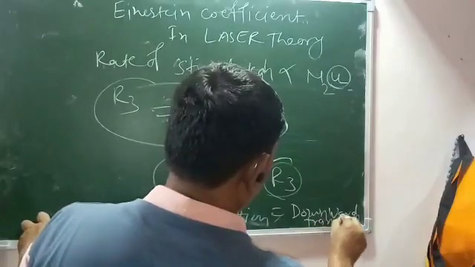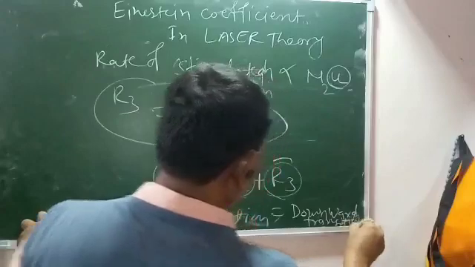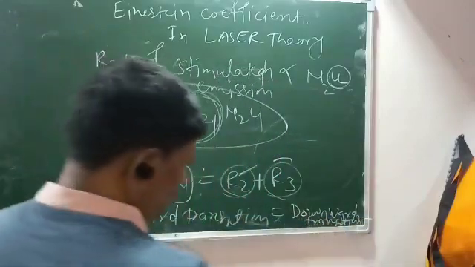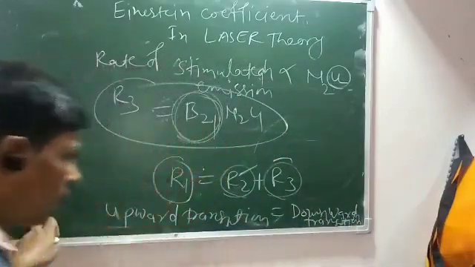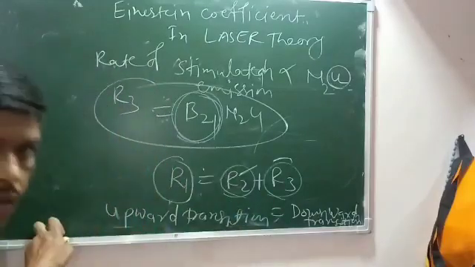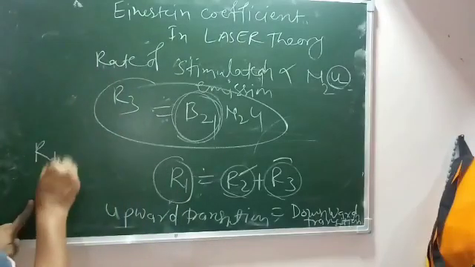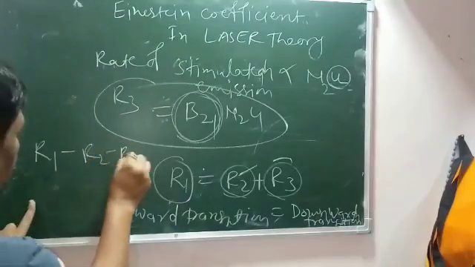In thermal equilibrium, the upward transition is equal to the downward transition, or the total rate of change of the particles should be equal to 0. In other words, we can write R1 minus R2 minus R3 is equal to 0.